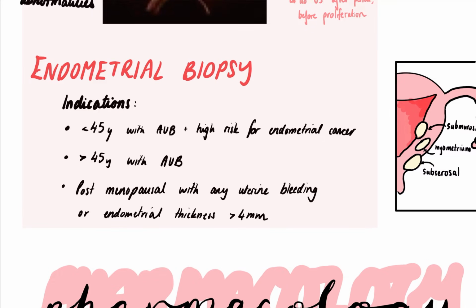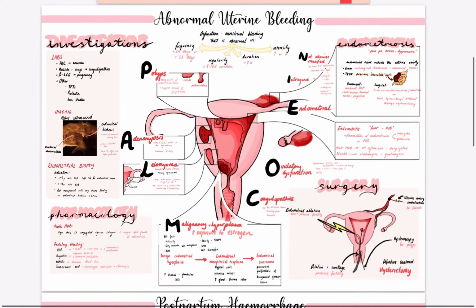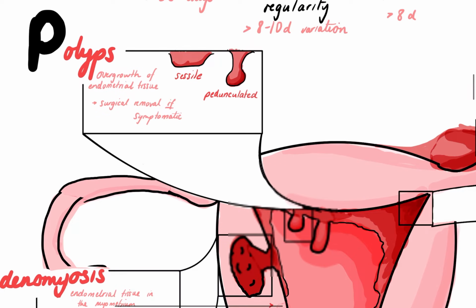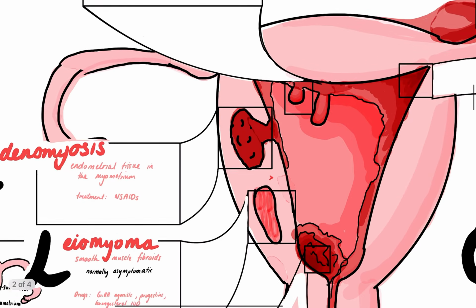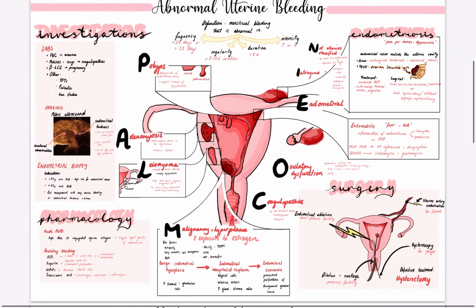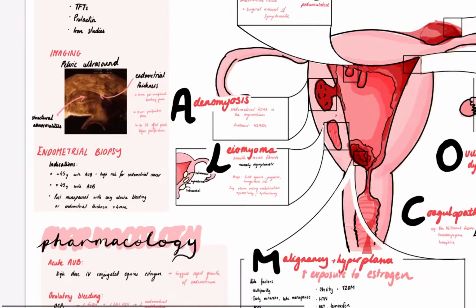A more invasive investigation that can be done is the endometrial biopsy. So, for example, in the case of polyps, if we want to find out whether or not they may contain carcinomas within them.